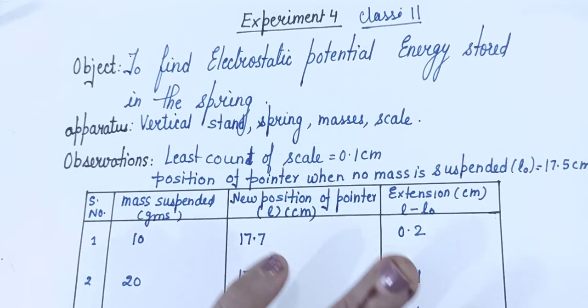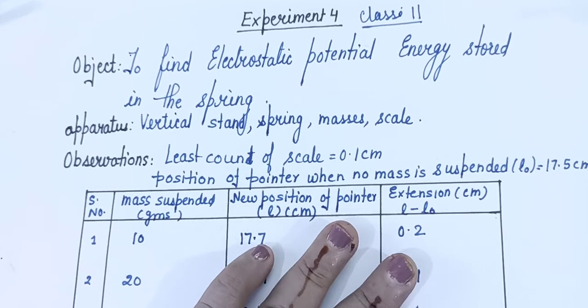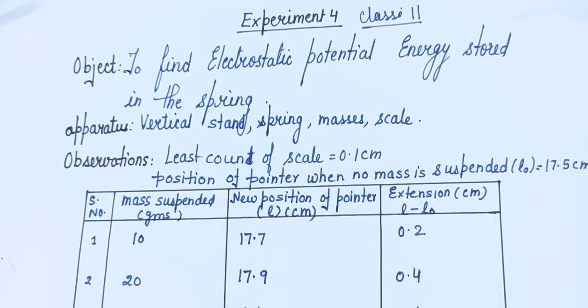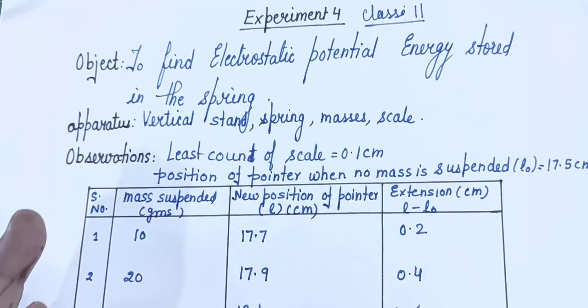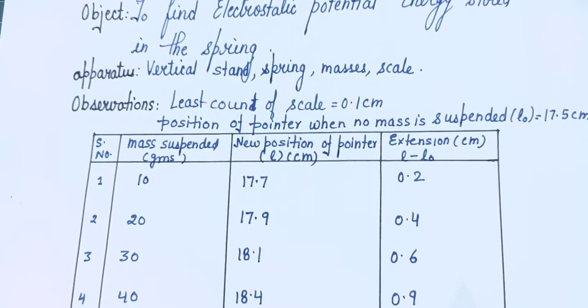As we have already performed this experiment, and this experiment is in the playlist of ISC Physics Practical and class 11th Practical, to find the force constant of the spring using the vertical stand, spring and masses, you can go through the class, you can observe how the readings are taken, and then we come to the observation table which we have taken during the experiment.